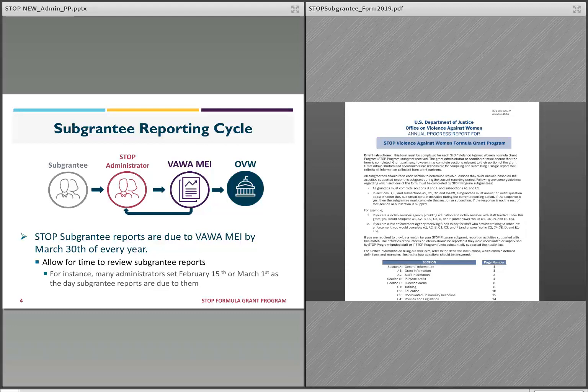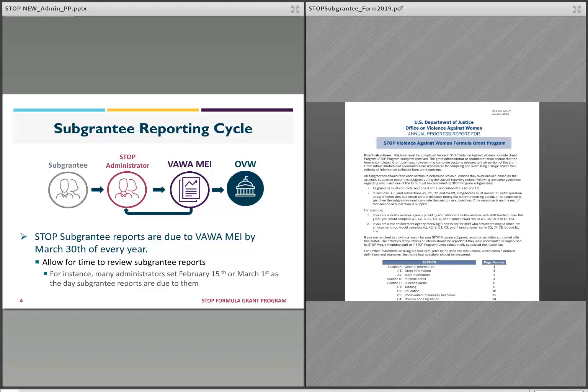For example, any activities that were not directly supported with STOP subgrant funding or required a grant match should not be reflected on the progress reporting forms. And if we see something like that, we will be reaching back out to you as the STOP state administrator to ask about that data.